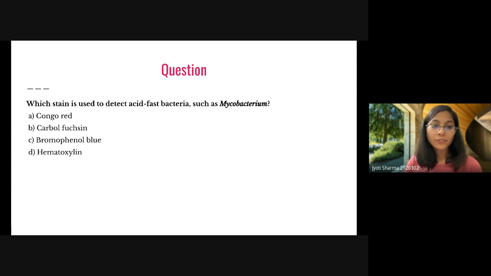We have four options: A, Congo red, B, carbol fuchsin, then C is bromophenol blue, and D is hematoxylin. So what kind of stain will we use to detect whether this is acid fast bacteria or not?